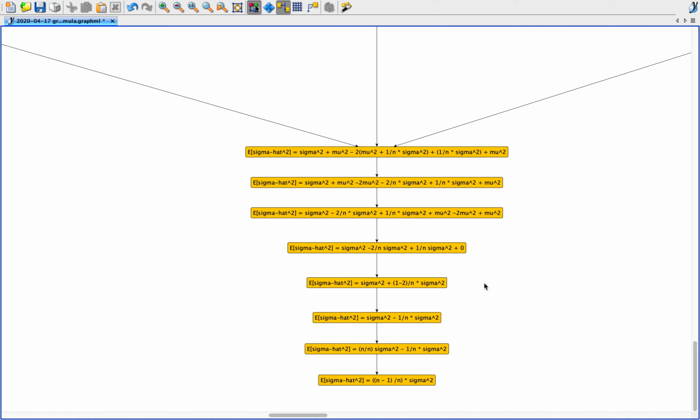And then sigma squared plus, because we're just combining negative 2 over n sigma squared plus 1 over n sigma squared, that's sigma squared plus (1 minus 2) over n times sigma squared.